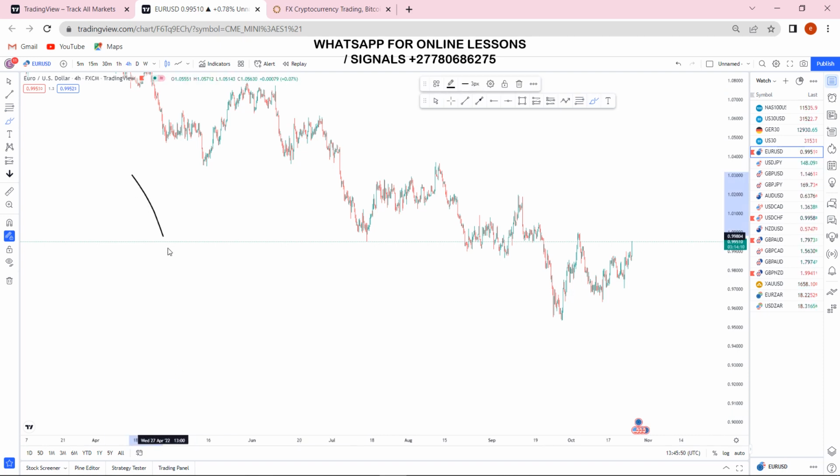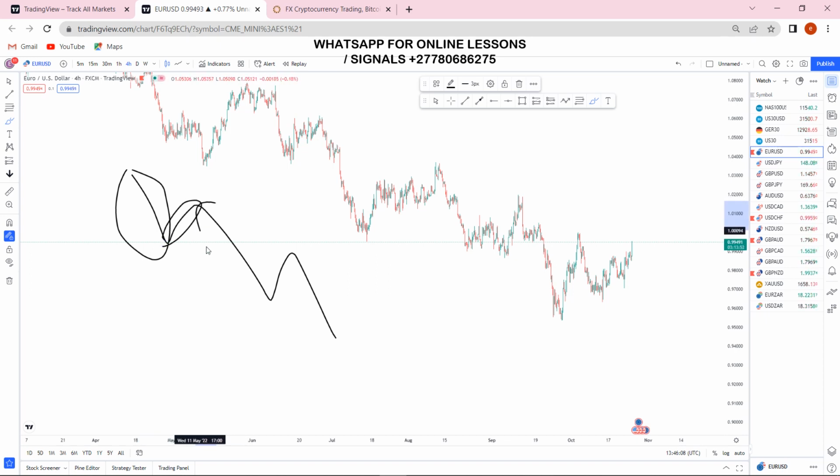So if the market is moving on a downtrend just as so, right, your main goal is to place the Fibonacci levels on the impulse wave, right, not on the corrective structure. You have to place the Fibonacci levels on the impulse wave, okay? Because what exactly are you measuring? You are actually measuring the corrective structure.